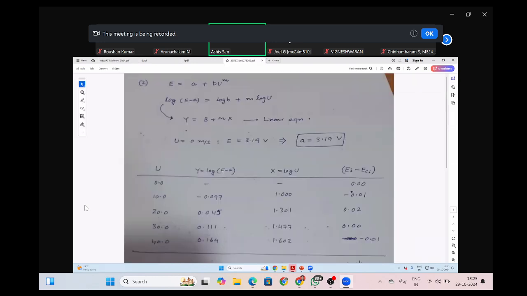So E is 3.99, A is 3.19. So logarithm of 3.99 minus 3.19 is minus 0.097. Similarly, when u is 10, log of 10 is 1, right? And you can also find that knowing the value of A, which is 3.19.